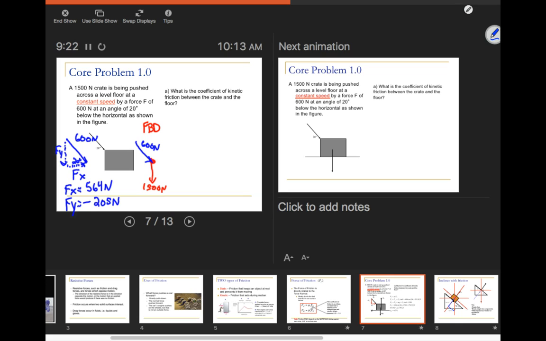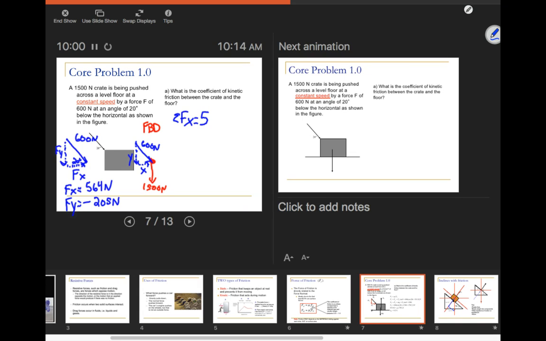It's so important to understand that we have components on here, because these x and y components are going to change how we write our equations. So let's do the sum of the forces in the x dimension for this problem.